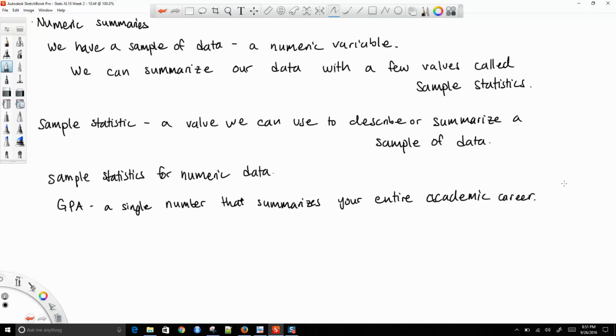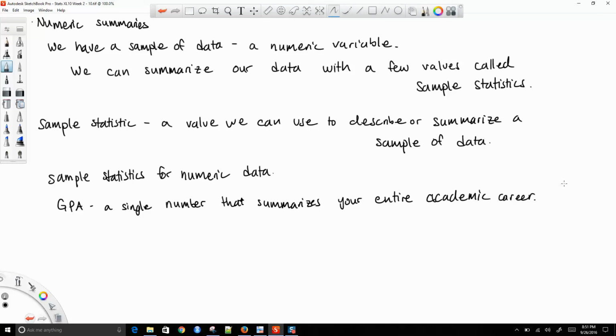So if you had to pick people to be in a study group, and you were able to know that person's GPA, it would be useful. You'd be like, oh, I want to study with the people with high GPAs. And if you see someone with like a 1.5 GPA, you're going to be like, I don't know if I want you in my study group.